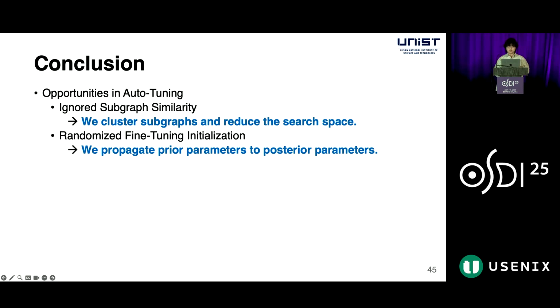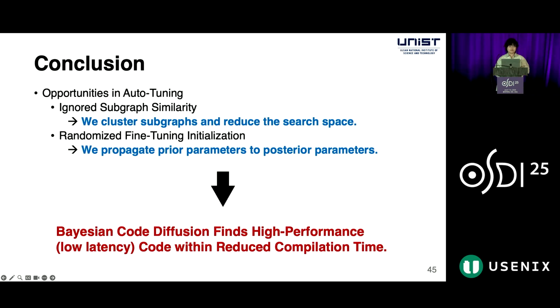First, it clusters similar subgraphs so that we can reduce the search space. And second, it propagates parameters from the prior subgraph to the posterior subgraph in a structured way so that we can reduce the fine-tuning iterations. And in the end, this leads to a much more efficient search process.